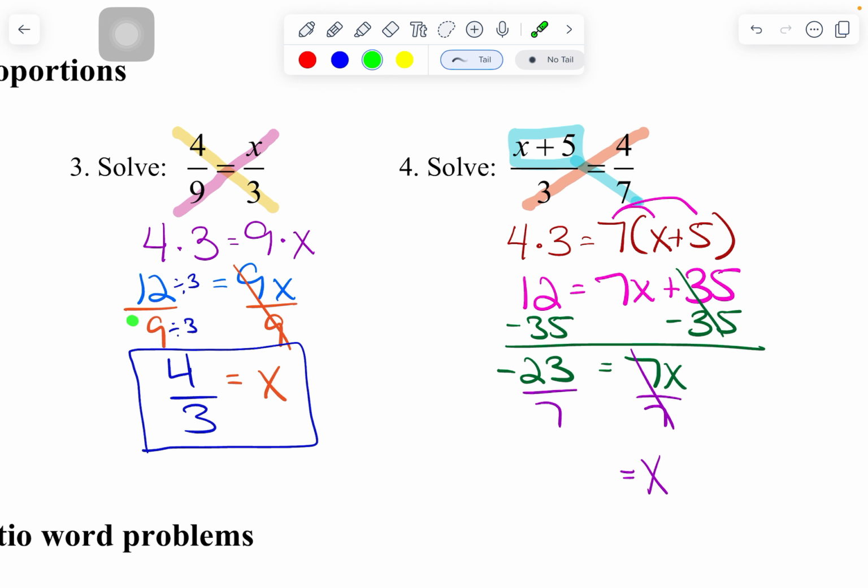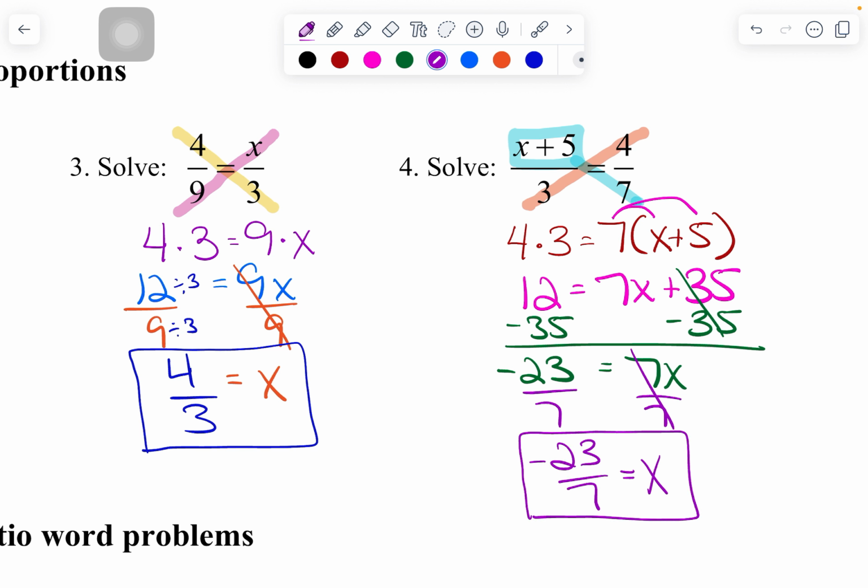But unlike the last problem with 12 over 9, where we could simplify the fraction, I don't know about you guys, but negative 23 and 7 don't have any common factors. So my answer is just going to be negative 23 over 7. All right. And again, I am completely happy with improper fractions like this. That is my preference, so leave it as is.